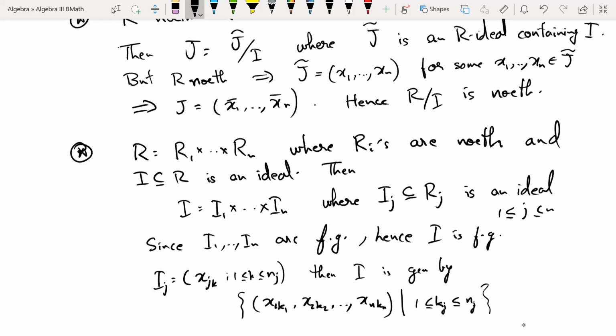So you consider this set, which is finitely many. You can show that these generate the whole of I.